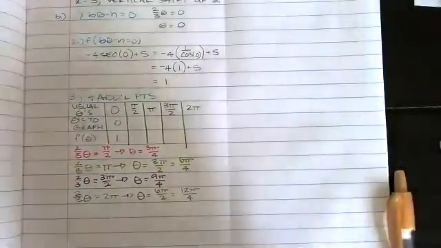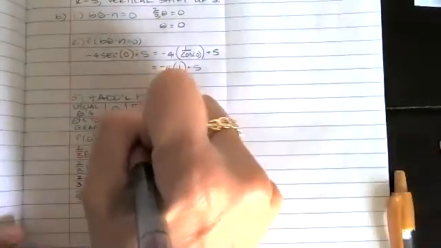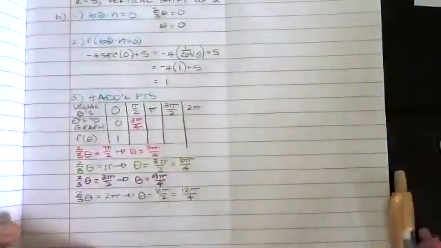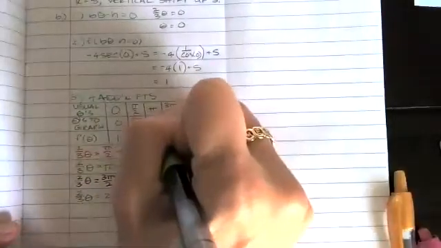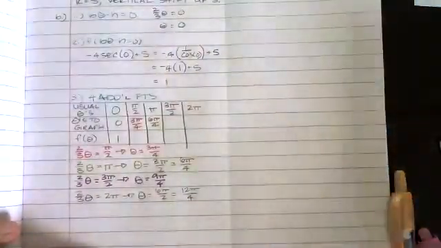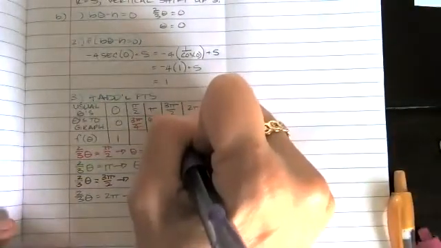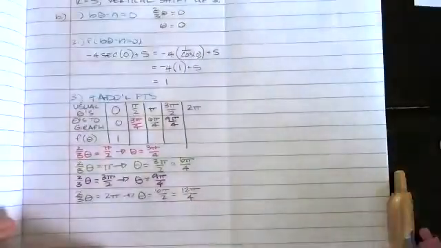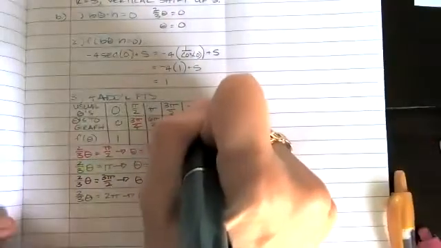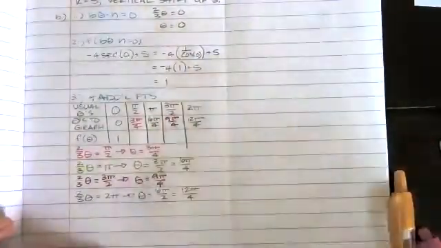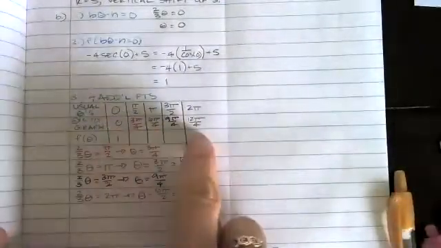Okay, so we've got 3 pi over 4 here. We've got 6 pi over 4 here. We have 9 pi over 4 and 12 pi over 4. So now these values.